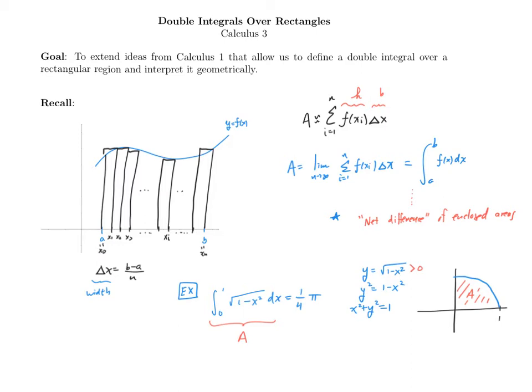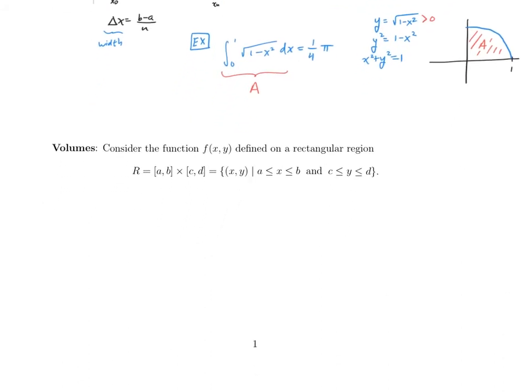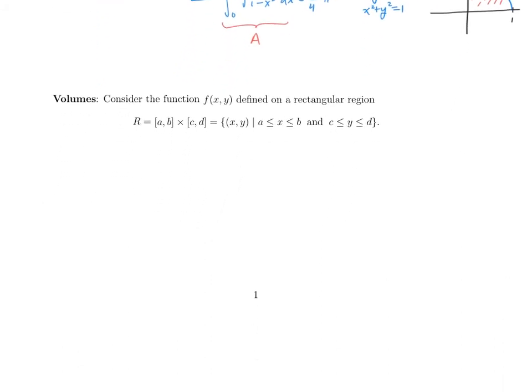Our goal now is to take this idea for functions of a single variable and extend it to our Calculus 3 setting, where we are currently dealing with functions of two variables. So let's go ahead and see if we can visualize the scenario. We are going to investigate a function f defined on a rectangular region [a,b] times [c,d].